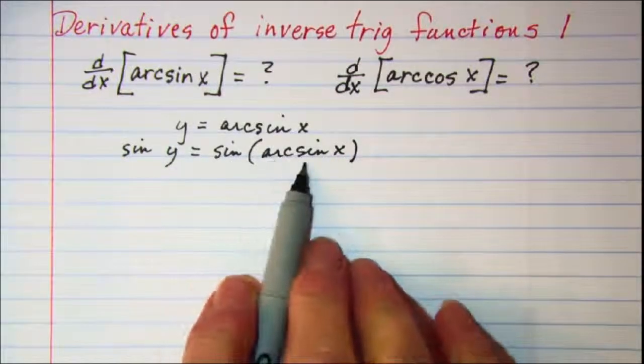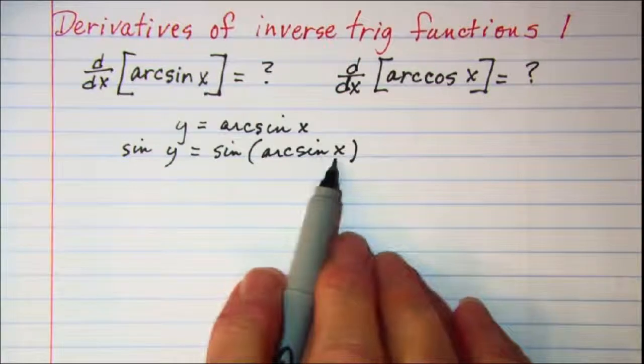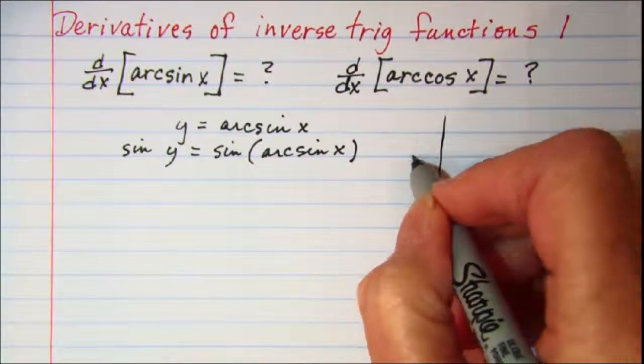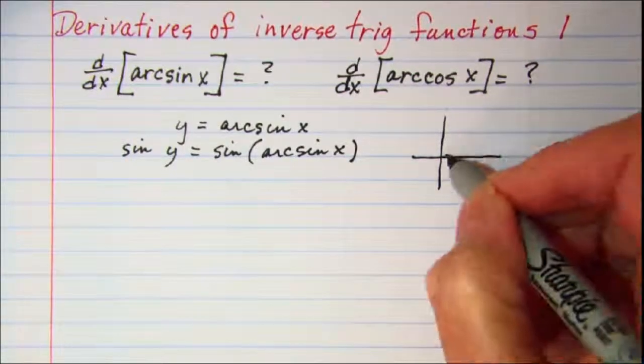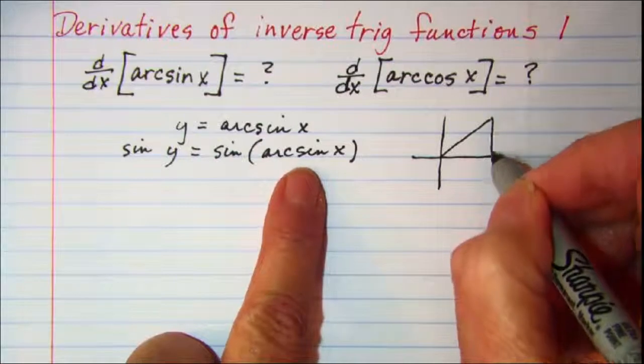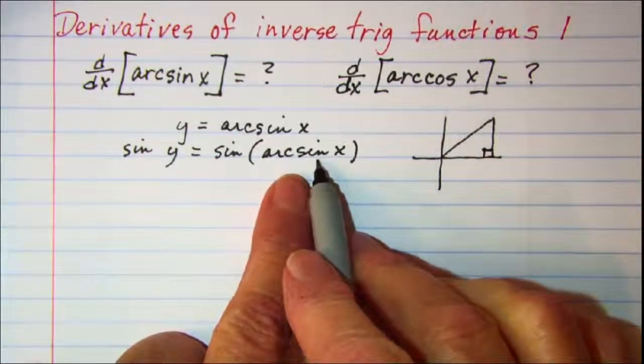Now this is saying the sine of the angle whose sine is x. So we can draw a reference triangle for that. Remember that the sine is defined as opposite over hypotenuse.